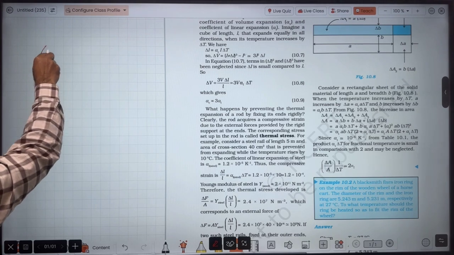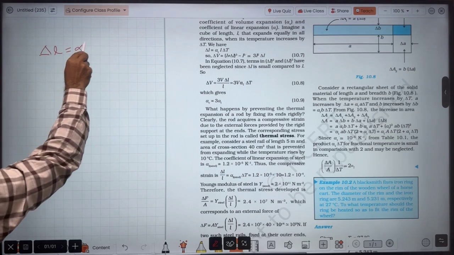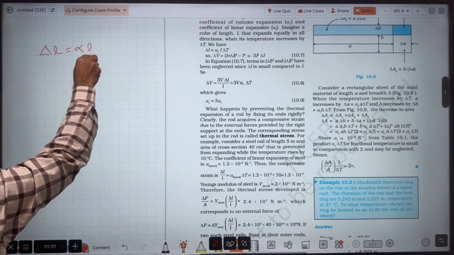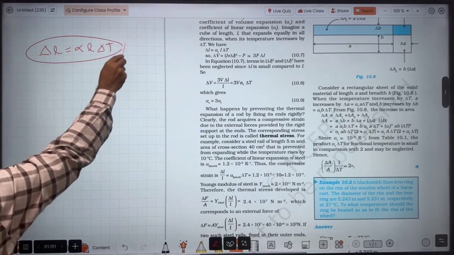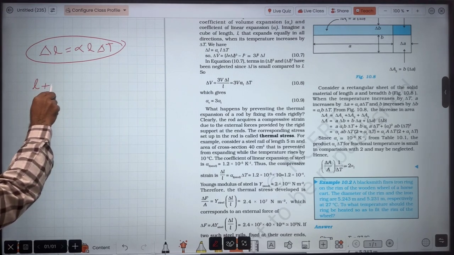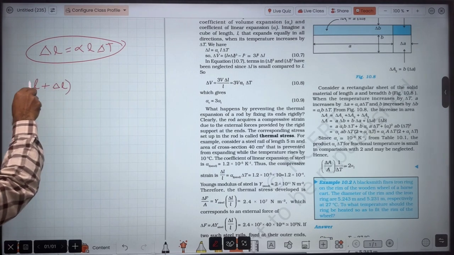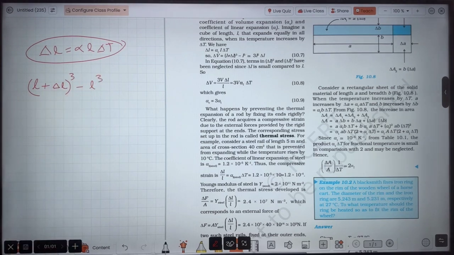So delta L, you have seen, is alpha times L delta T. This is the first relation, right? And now we are considering the change in volume. So the new side is L plus delta L whole cube minus the original volume L cube.